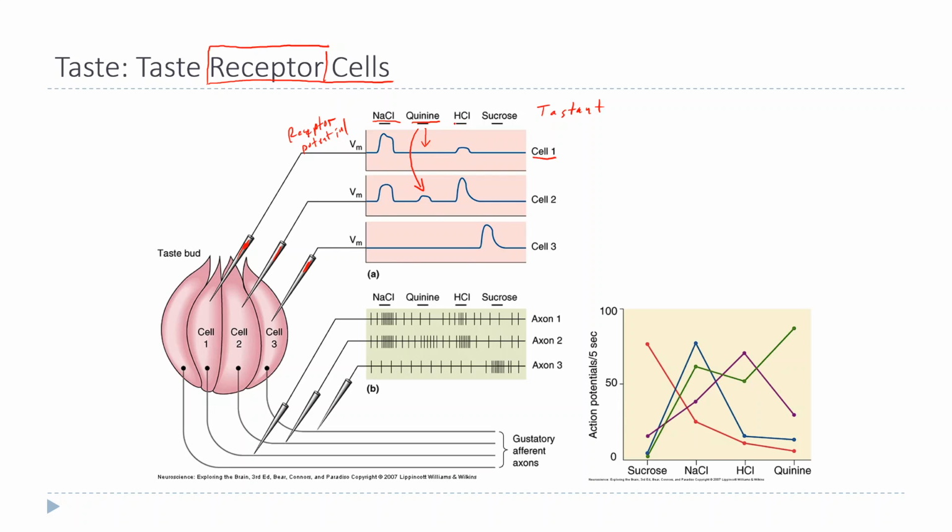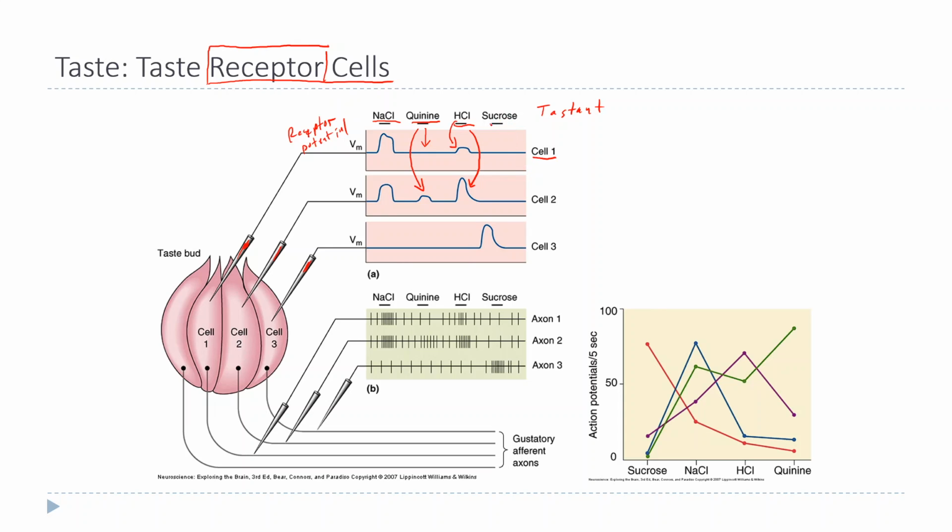And then here we've added HCl. HCl is hydrochloric acid. Again, chloride doesn't do much, but if you add hydrochloric acid to water, it dissociates into chloride ions and hydrogen ions, or protons. And those protons are going to lower the pH. So this should activate any sour receptors on the tongue. And in fact, what we see is this cell has a small depolarization in response to HCl, and this one has a larger depolarization.